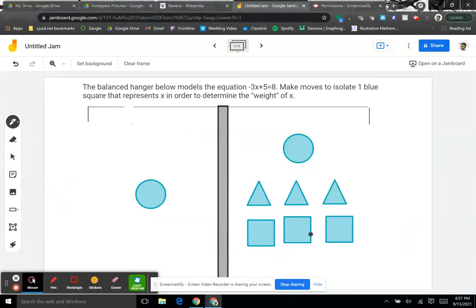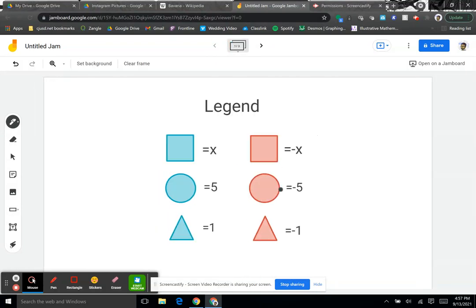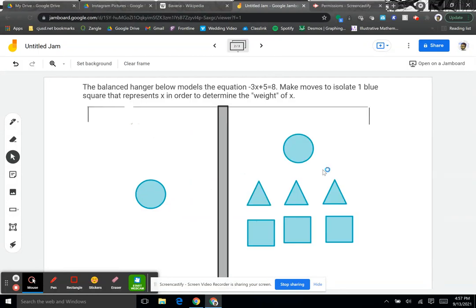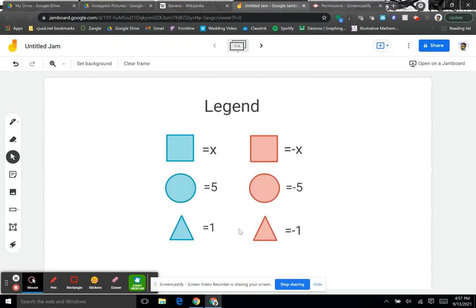All right, still I don't know what 1 blue square is equal to. I need to get them all by themselves. So let's get rid of this 8 right here. To do that, I'm going to get 1 red circle to cancel out or undo that blue circle. I also need 3 red triangles.